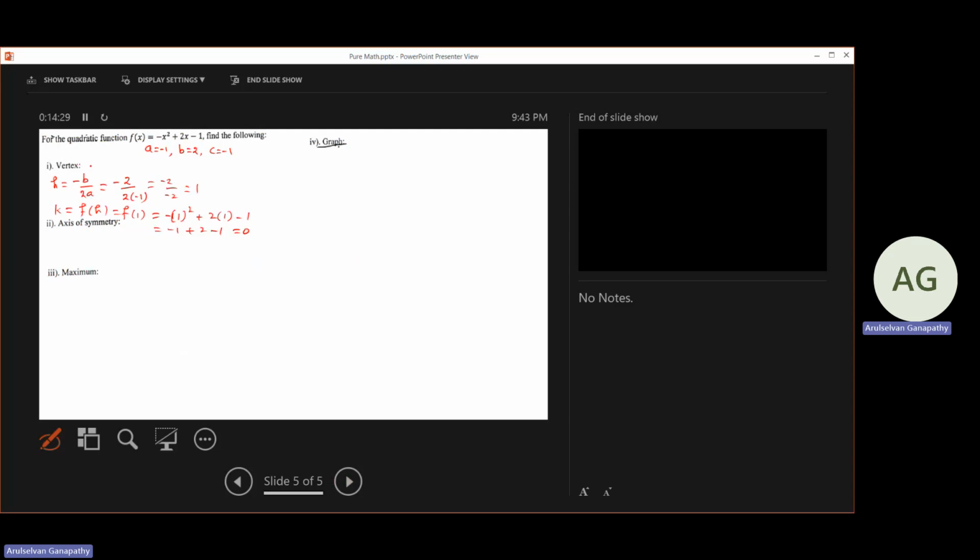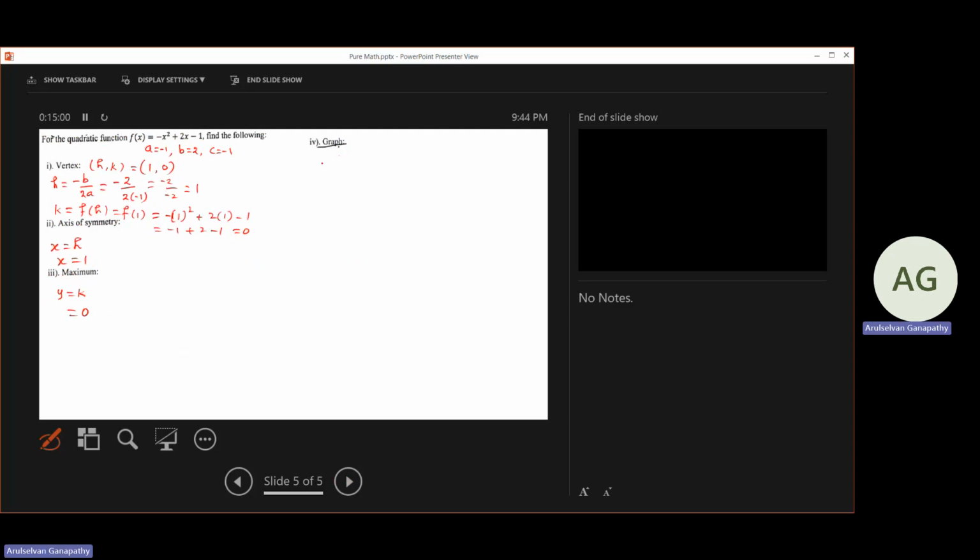So the vertex is h comma k, which is 1 comma 0. Axis, what is axis? X is equal to h is the axis. What is h? 1. So x is equal to 1 is the axis. And maximum is y equal to k. What is k value? 0.